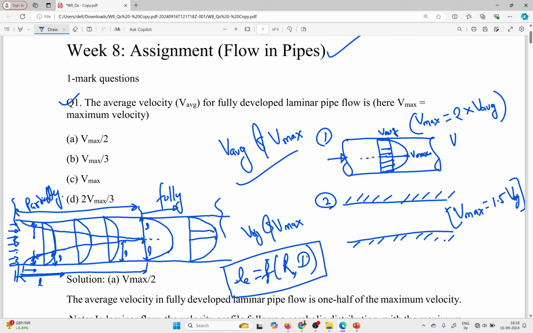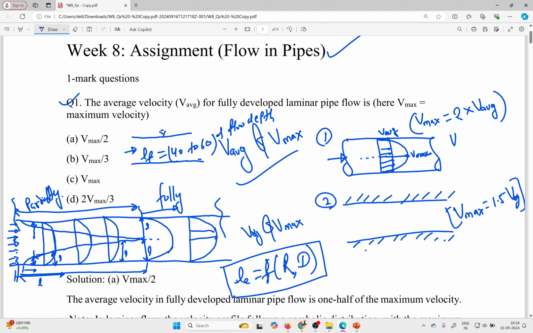But here remember one thing: in case of open channel flow, if water is flowing in a rectangular channel, the fully developed length may be 40 to 60 times your flow depth. 40 to 60 times of flow depth.